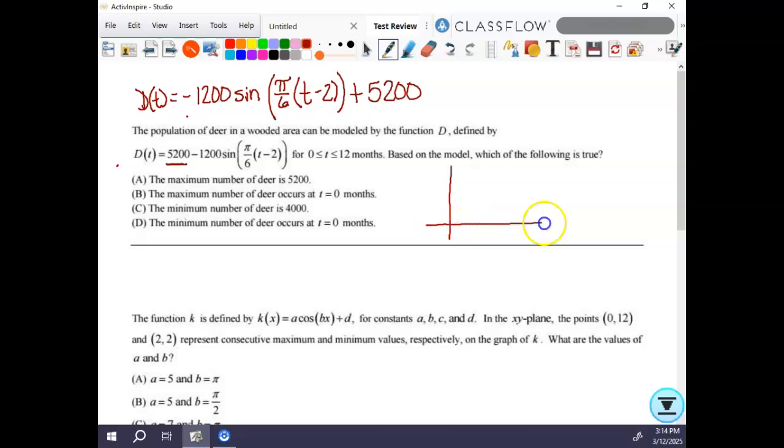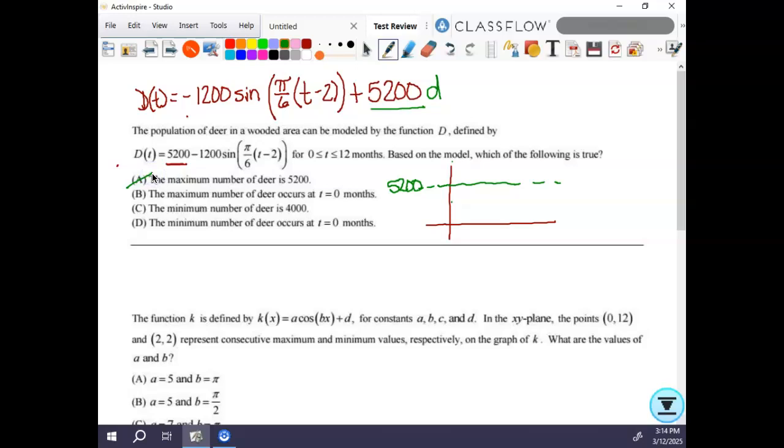All right, so let's just kind of have our little sketch here. This we know is D, and that is the midline. So let's just say that this is my midline. This is 5,200. That is definitely not my maximum. That's the midline. It's literally middle. There'll be something above it and something below it. So I know that that is not my answer.